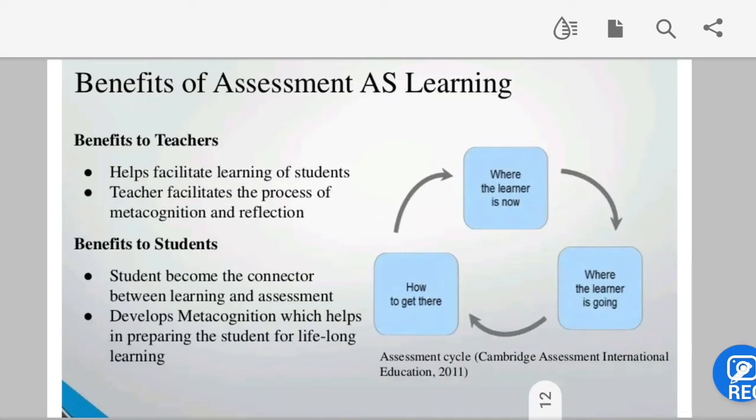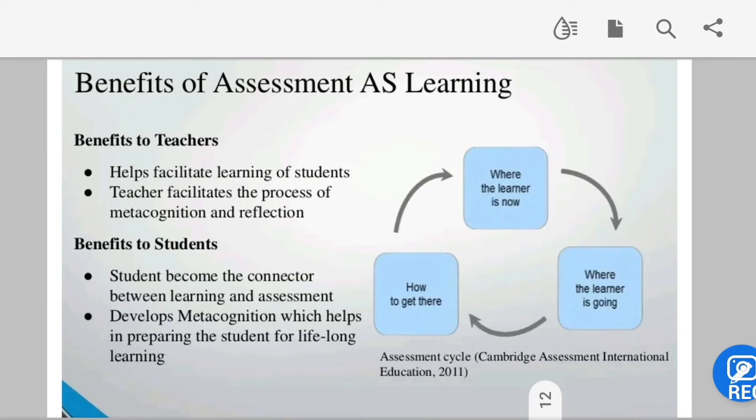In this simple diagram we can see that the first block shows where the learner is now. The learner can do self assessment: where am I? Next, where the learner is going. Next step, what he has to do to improve himself. And next, how to go there.